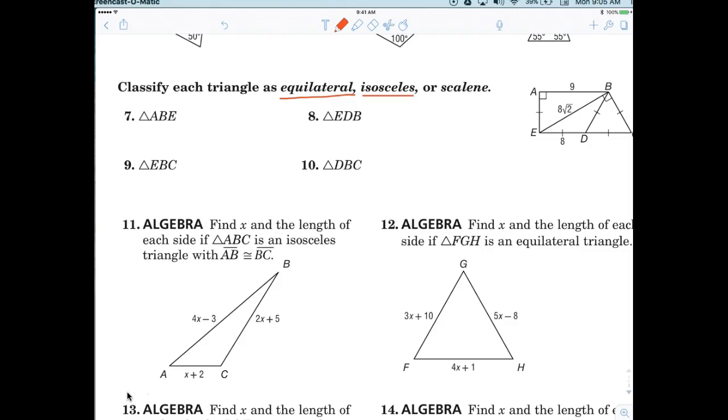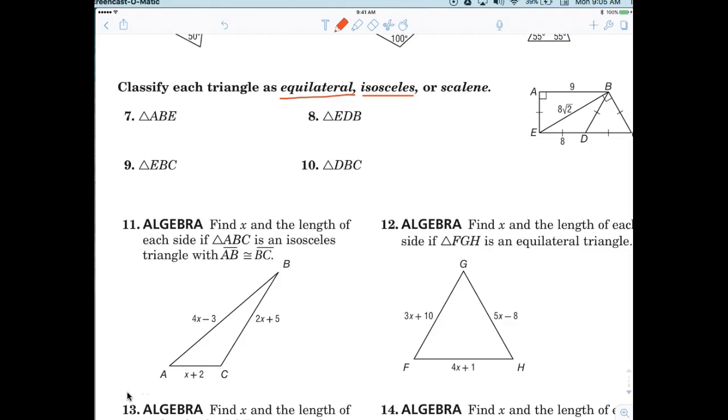On a true and false test, they might say an equilateral triangle is also isosceles, and you would say true, because the definition of isosceles is at least two sides. But when they say, what is this, and it's equilateral, I don't want you to write equilateral, comma, isosceles. Is everybody with me?